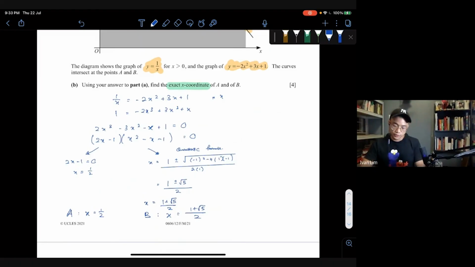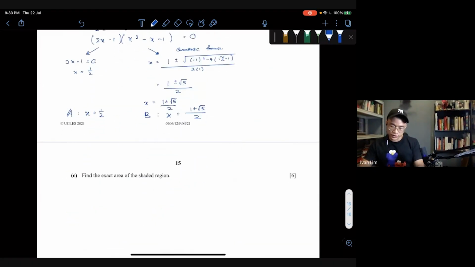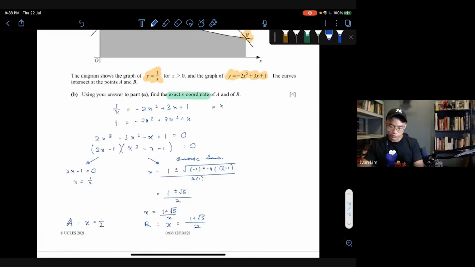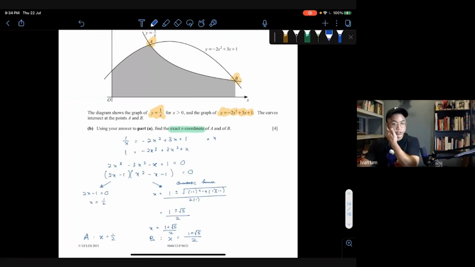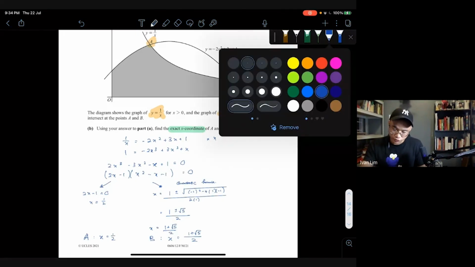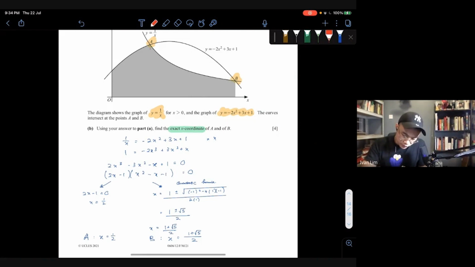Okay, then find the exact area of the shaded region. All right, so area of shaded region is area under the graph, right? Area under the graph. So we can separate the graph like this. Okay, so this is area A and this area B. Let's put the points here also.